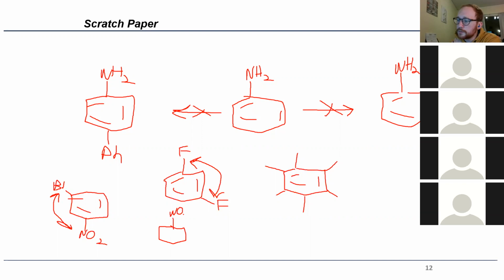This substrate here has 3 electron withdrawing groups, so it's not electron rich at all, and so it won't want to do electrophilic aromatic substitution, and it has no leaving group, so it doesn't want to do nucleophilic aromatic substitution either. That's kind of the story with these: you have to have either an electron neutral or electron rich aromatic ring in order to do electrophilic aromatic substitution, and you need to have a leaving group of some sort in order to do nucleophilic aromatic substitution. Okay.